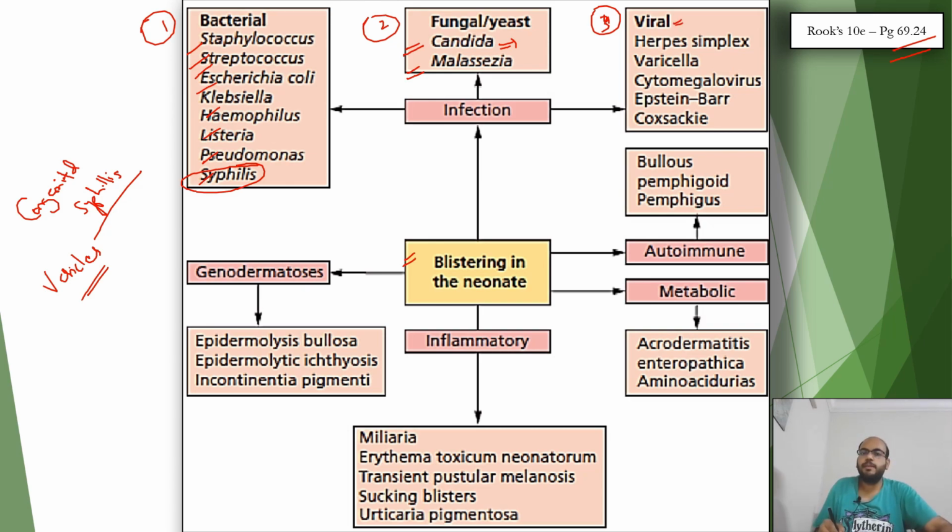In viral, you can have herpes simplex, congenital varicella, cytomegalovirus, Epstein-Barr, Coxsackie. So these are all viruses that can present as bulla or vesicles. Now these are the infection part. Then you go with genodermatosis. Genodermatosis include epidermolysis bullosa that we're discussing right now, epidermolytic ichthyosis, which we might discuss in a future video, and incontinentia pigmenti, especially the vesicle stage.